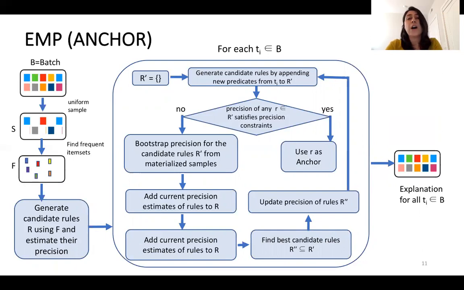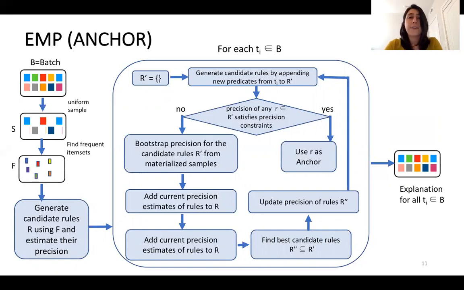Now, for each item in the batch, in each iteration, if any of the candidate rules for this item already exist in our candidate rule storage, then we can basically retrieve their precision and check whether or not that meets the threshold criteria.